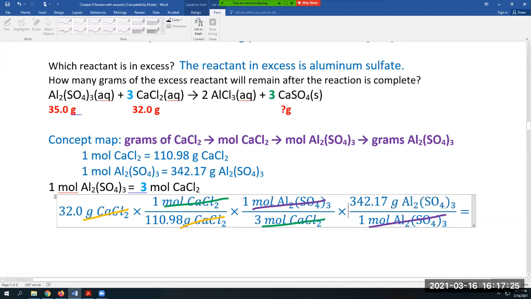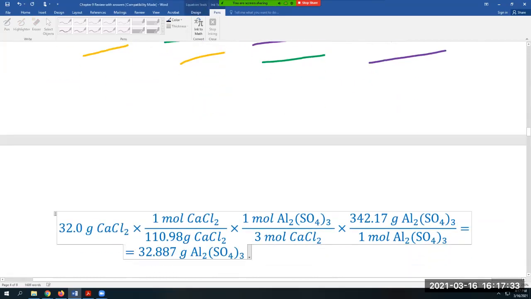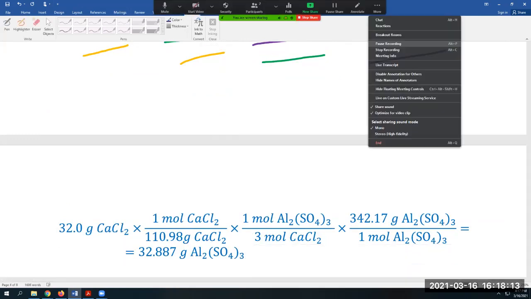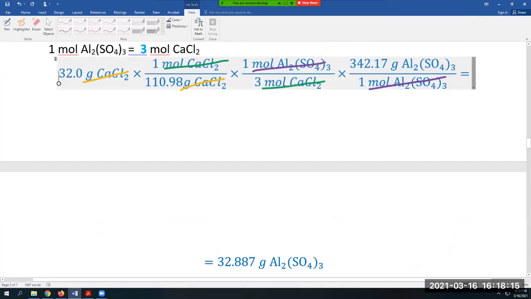And the calculator answer is, oh la la, hold on. 32.887 grams of aluminum sulfate is the calculator answer, or at least part of it.